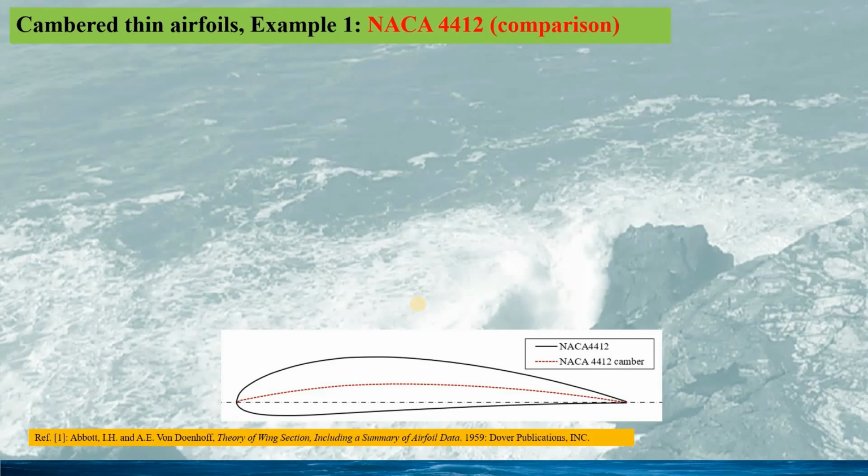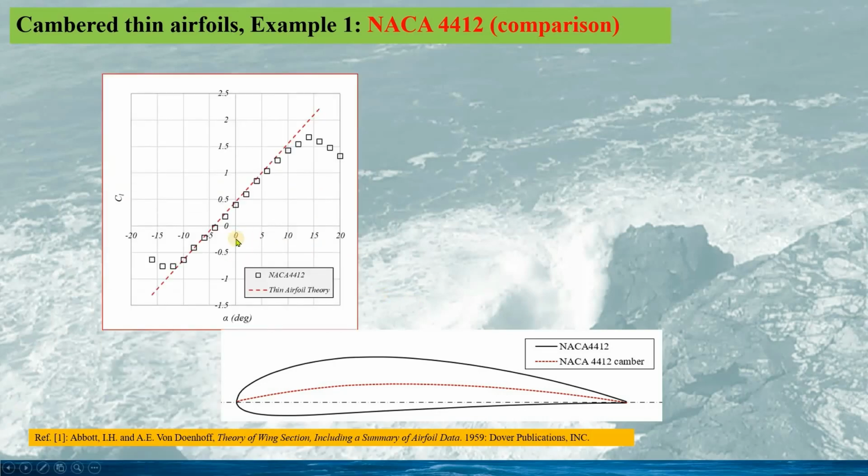Here in this slide, the comparison is made for NACA 4412. This is the comparison for the lift coefficient from the thin airfoil theory and the experimental data. We can see the lift coefficient prediction is very close to the experimental data when the angle of attack is small.